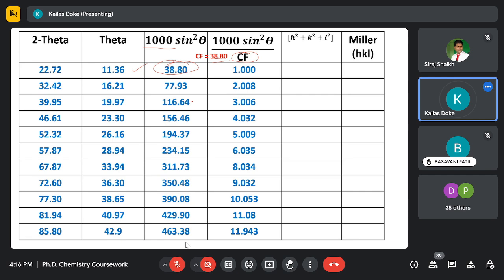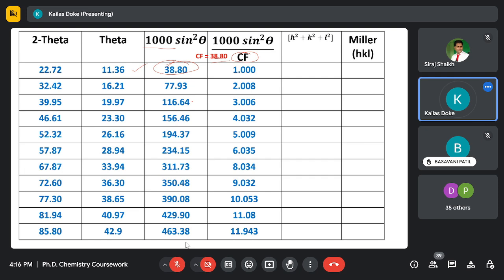So what answer did we get? 38.80 by 38.80, we got a complete integer number. 77.93 divided by the common factor, we got almost the second integer number. Third value divided by the common factor, we got almost an integer number.